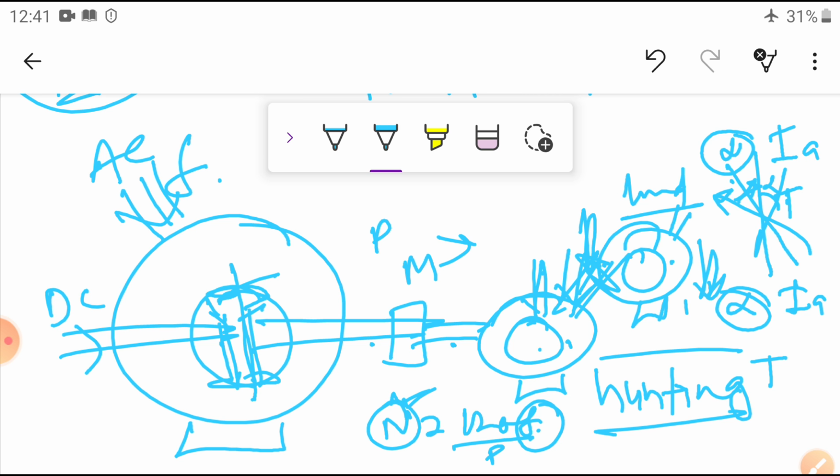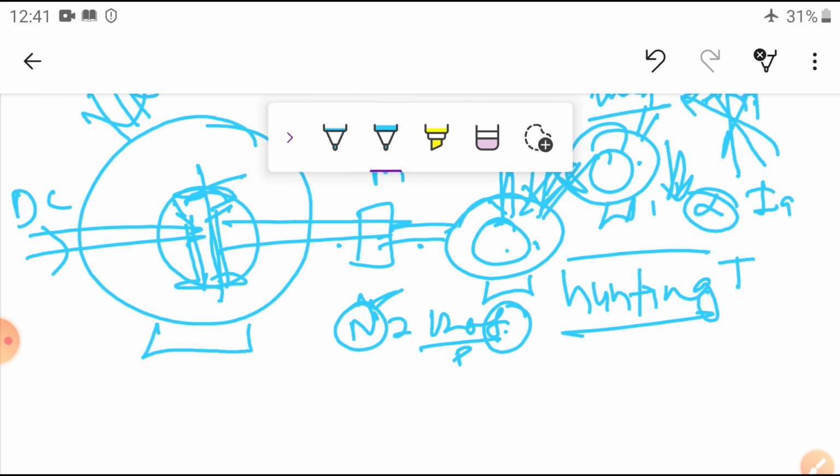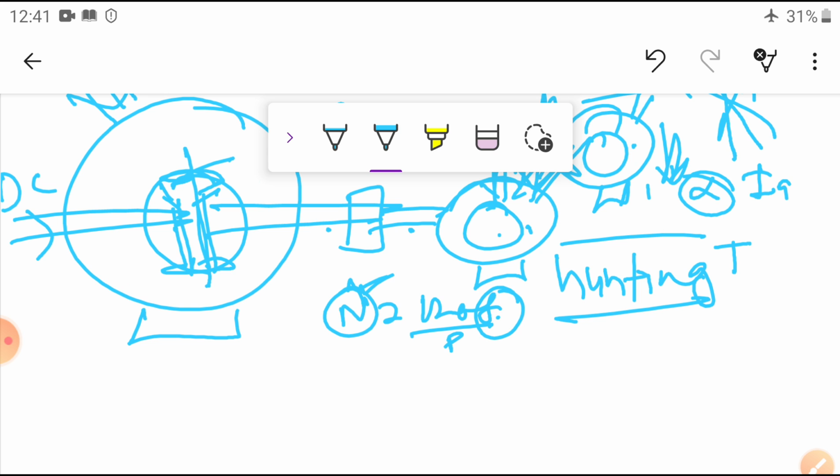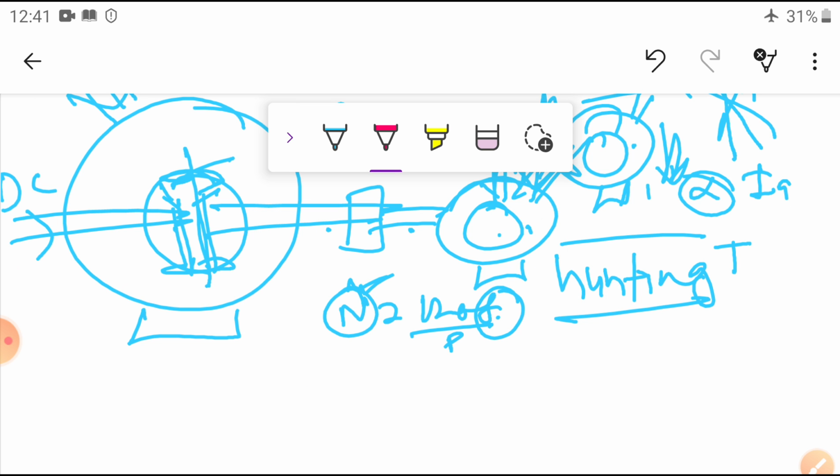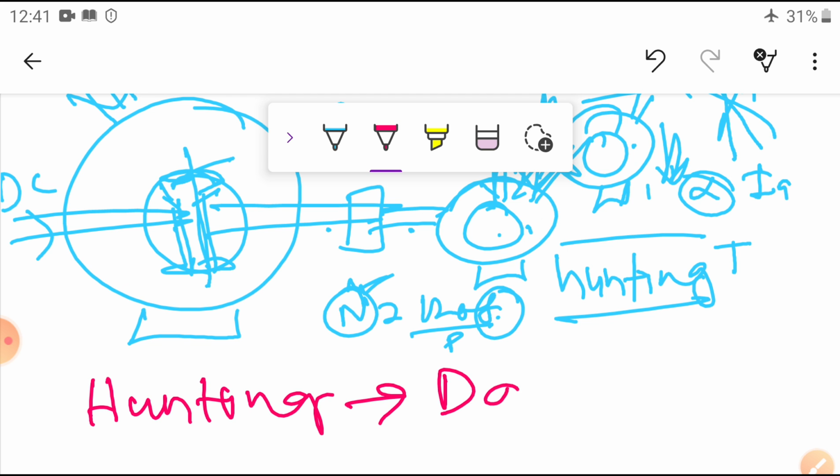How to avoid hunting? As we know, hunting can be nullified by using damper windings. Previously we have seen what the damper winding is. Hunting can be nullified by using the damper windings.